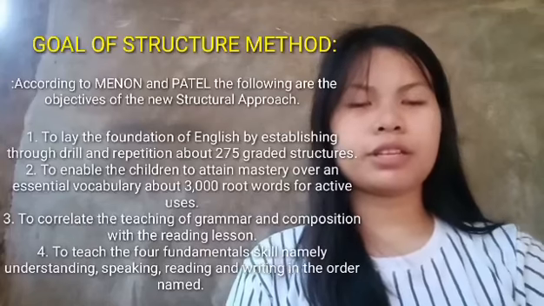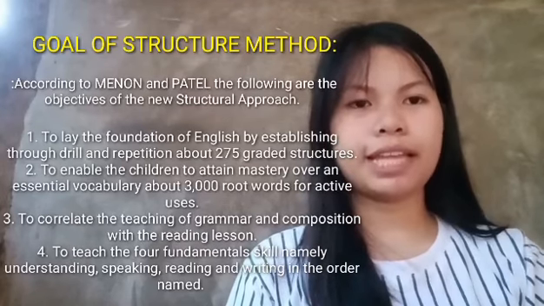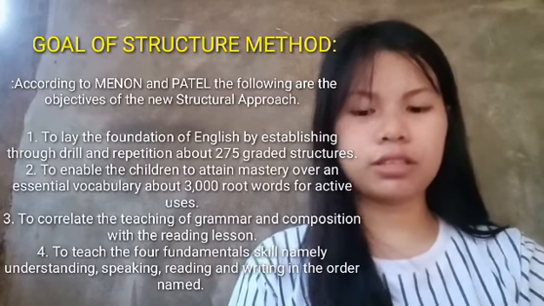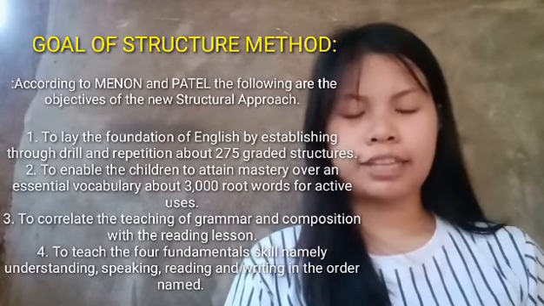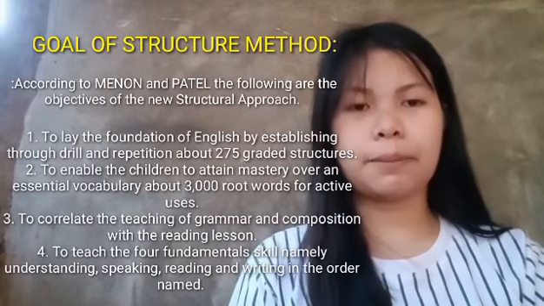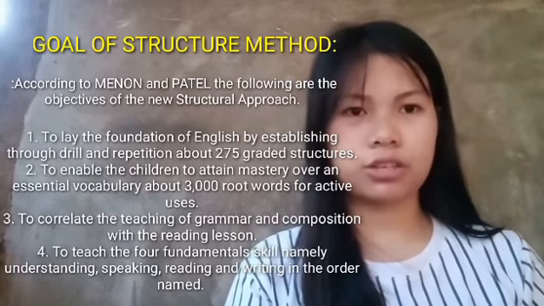The goal of structural method, according to Menon and Patel, the following are the objectives of the new structural method. Number one, to lay the foundation of English by establishing through drill and repetition about 275 graded structures.